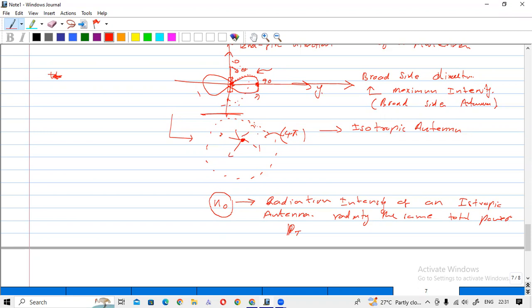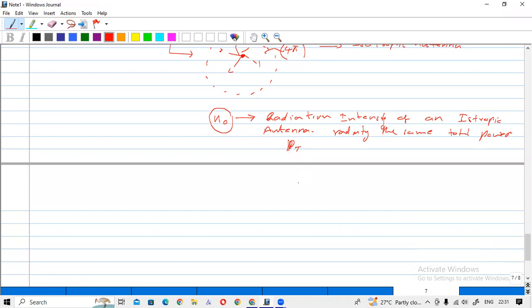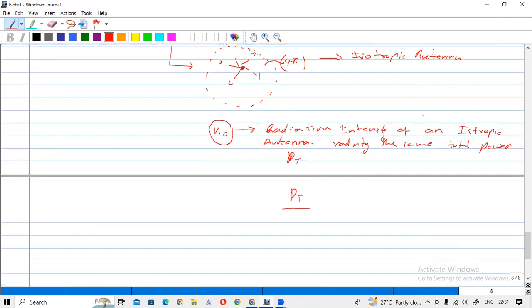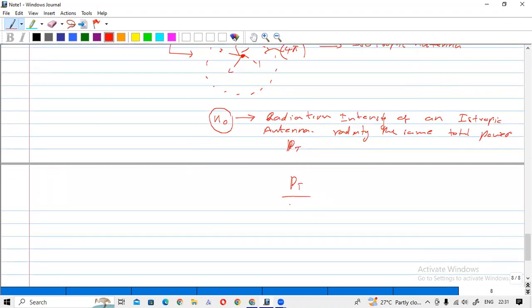So if you have the same power radiating through these 4π steradians, then P_T divided by 4π is equal to U naught. That is the radiation intensity if we consider this antenna to be an isotropic antenna. So this is the radiation intensity, P_T divided by 4π.